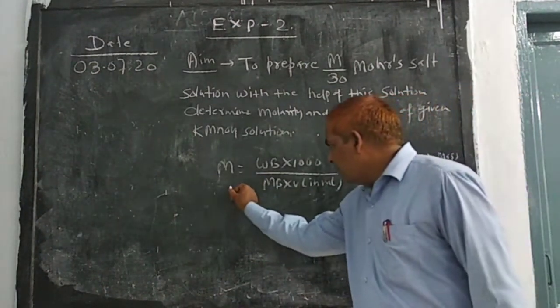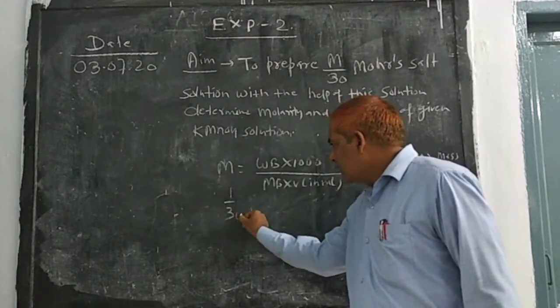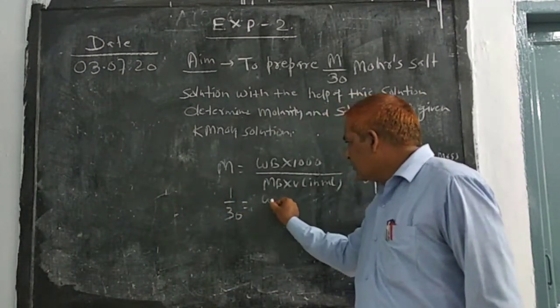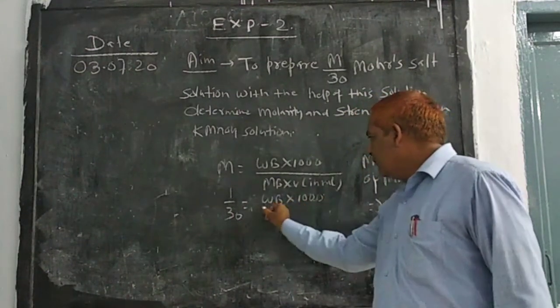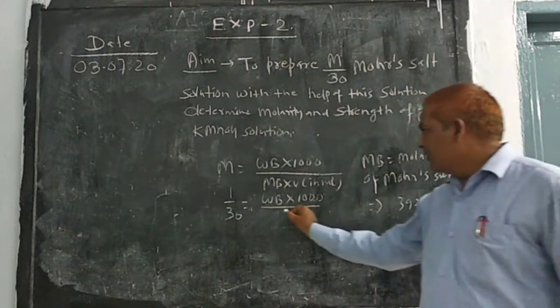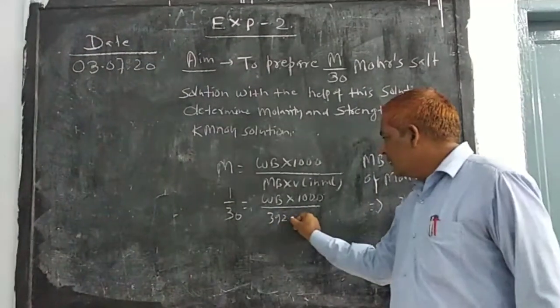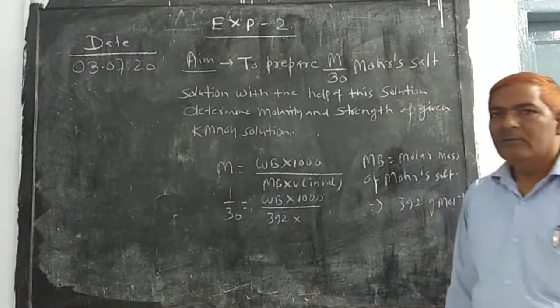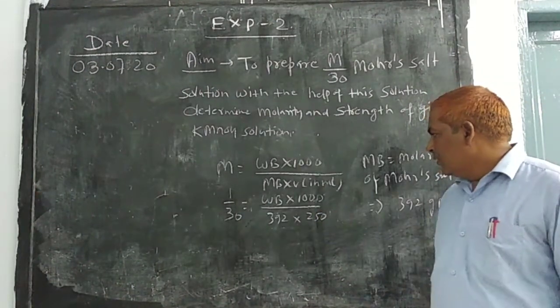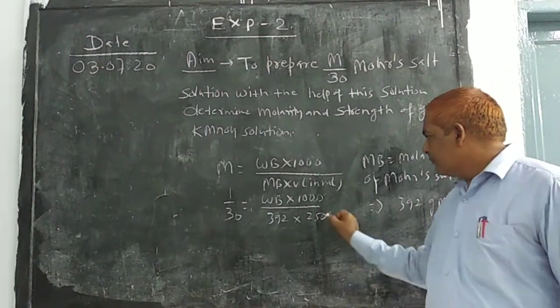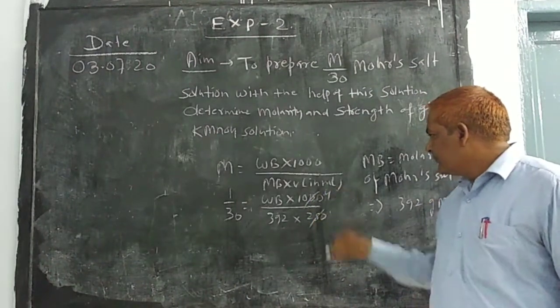So put the value: 1/30 = Wb × 1000 / (392 × 250 ml).